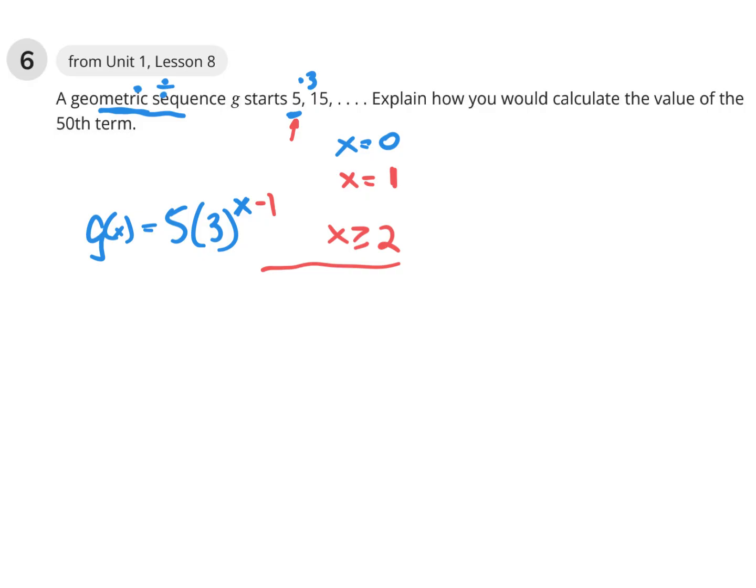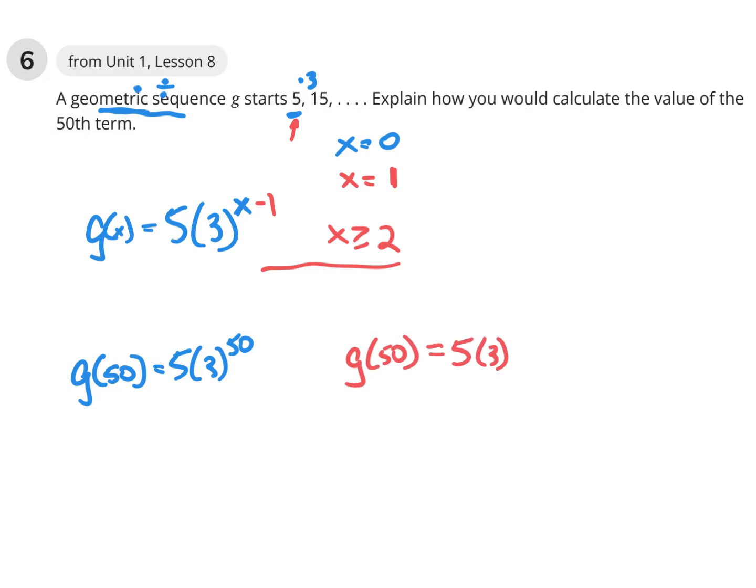Now, to answer the question, going back to the blue one, you take g of 50 to get the 50th term. Or if you're using the red one, where you want 5 to be the first term, g of 50 would be 5 times 3 to the 50 minus 1.